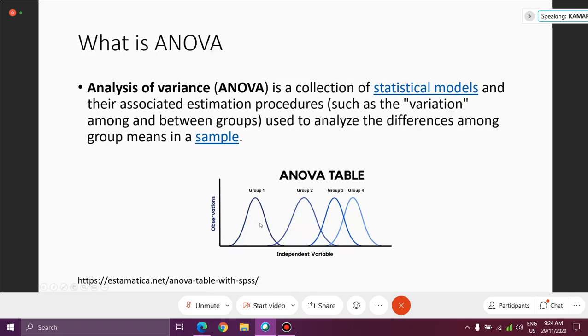By comparing the variations between groups, you are able to say whether the height between groups is different or not. So that's why we call this analysis of variance. We analyze the variation.